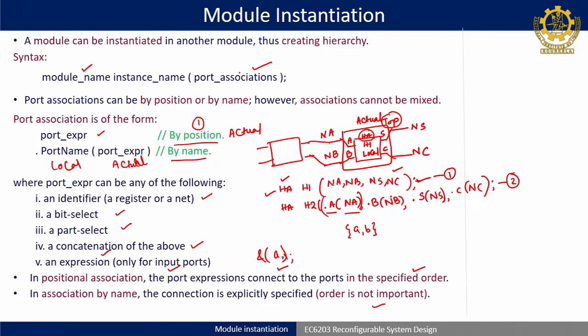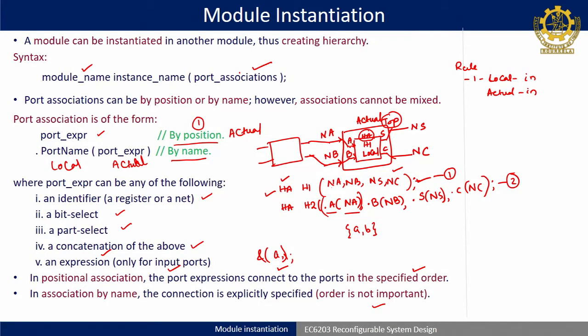While doing module instantiation, you can memorize at least one or two rules. One rule is that while port mapping, the nature of the ports should be the same. If the local ports are input, then the actual ports should be input. In this case, A is input, B is input, NA is input, NB is input.